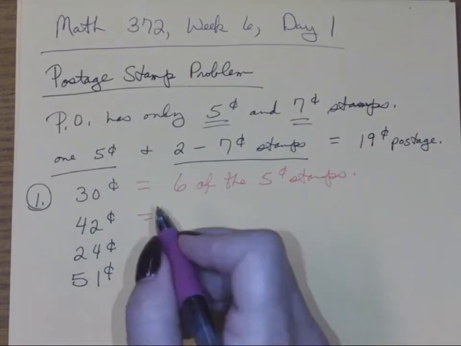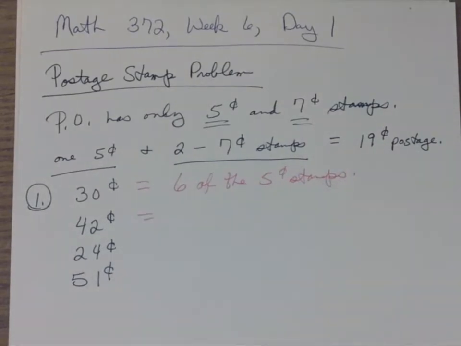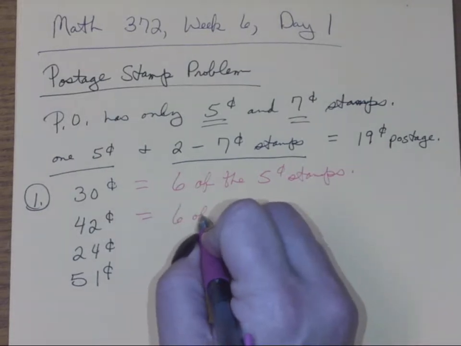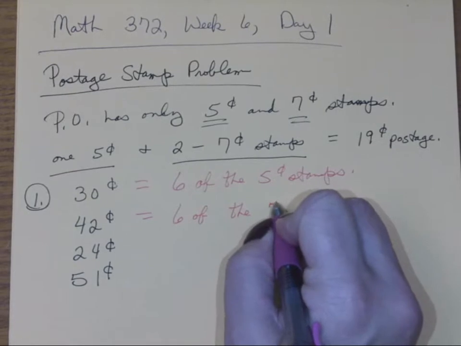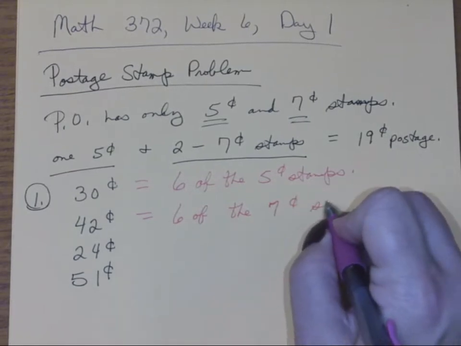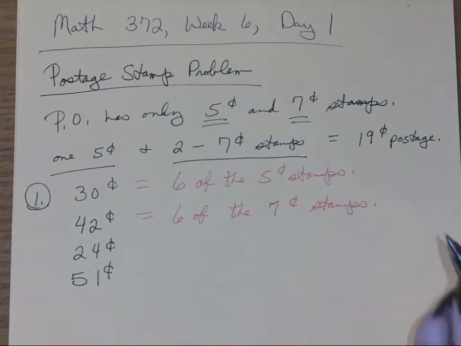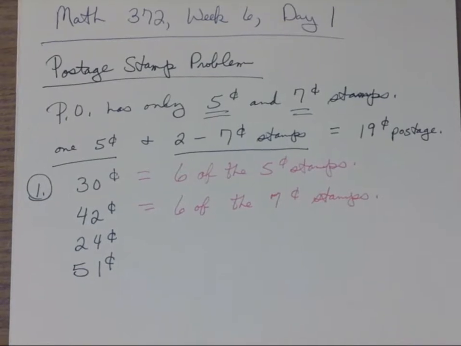Okay. What about 42? Very similar, right? Except I don't need the 5-cent stamps. I only need the 7-cent stamps for that one. Okay, so if I did that, I needed 6 of the 7-cent stamps. That would make 42 cents worth of postage, right? Okay, so we're good so far.